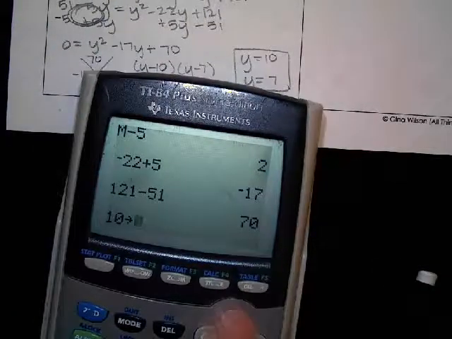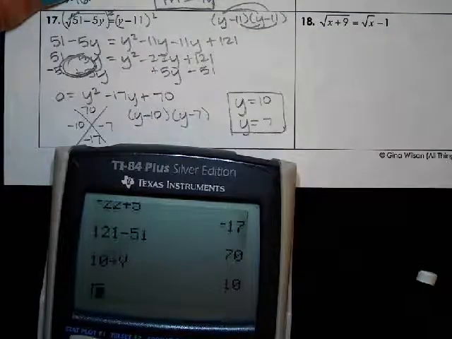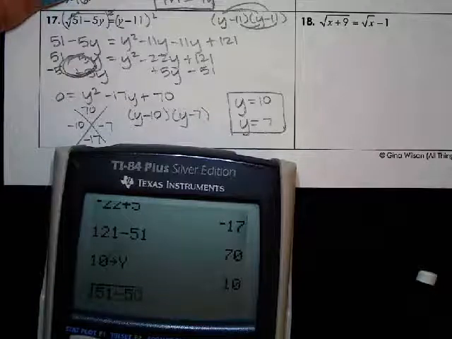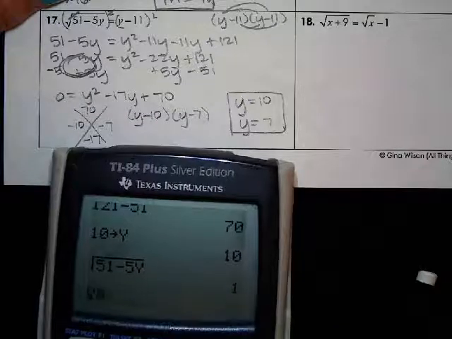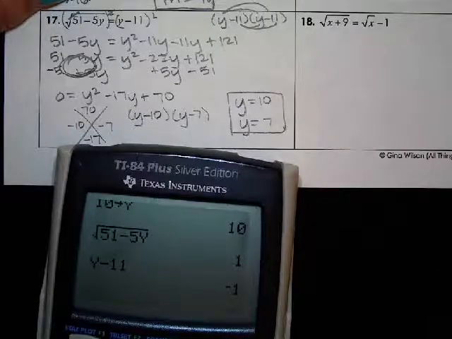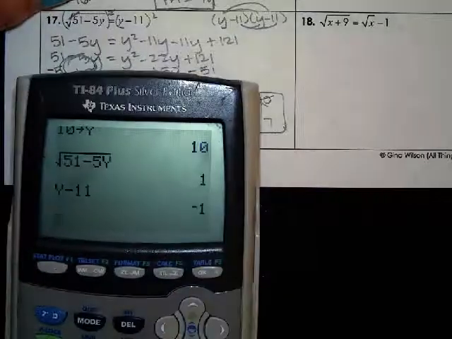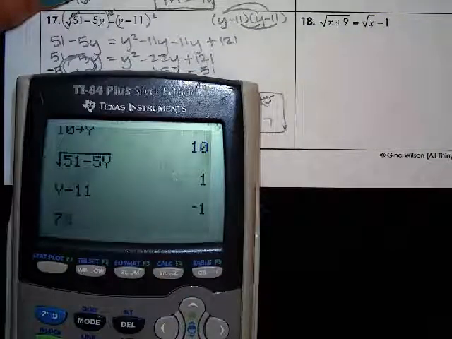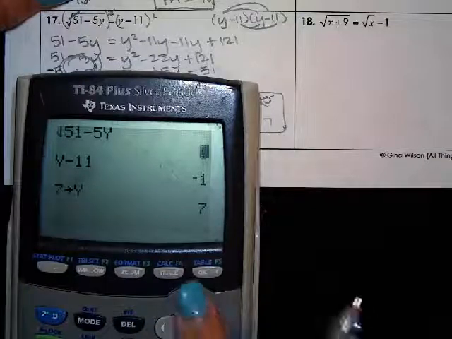So we've got square root 51 minus 5y and y minus 11. Okay, so 10 does not work and 7 doesn't work.